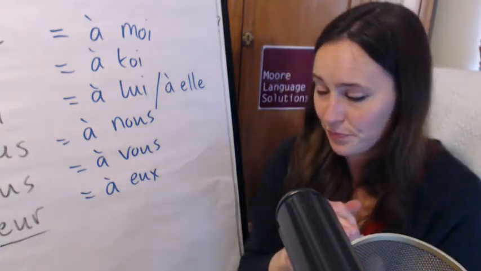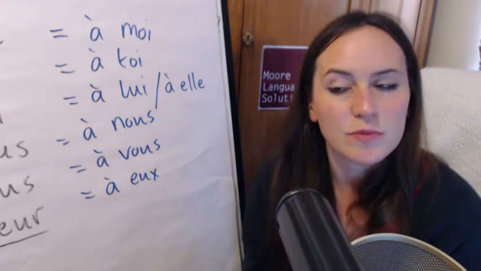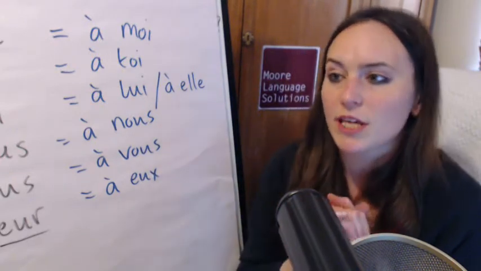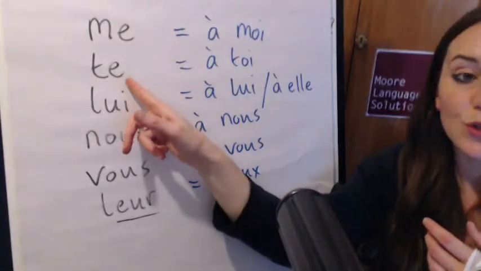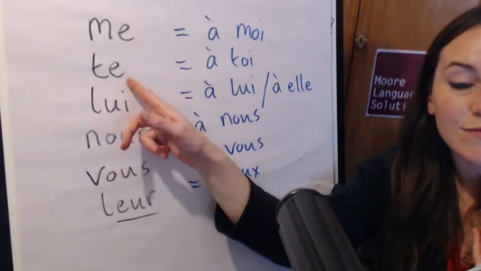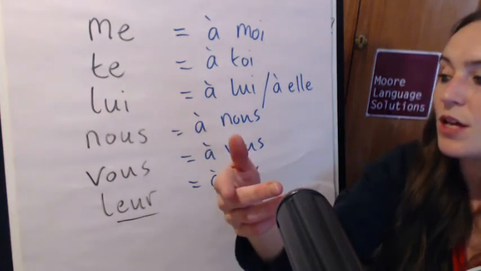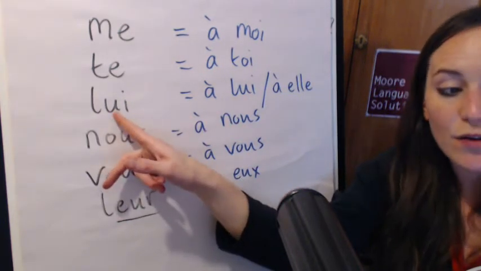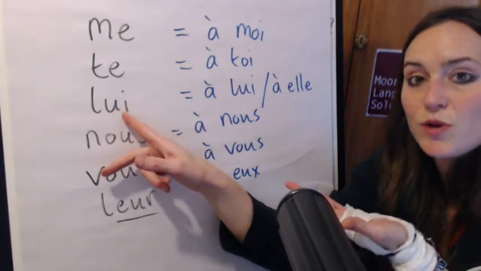Generally you see indirect object pronouns in front of a verb, so a conjugated verb like je te dis quelque chose. I'm telling you something. I to you tell. Je lui téléphone. I call or I telephone to him or to her.